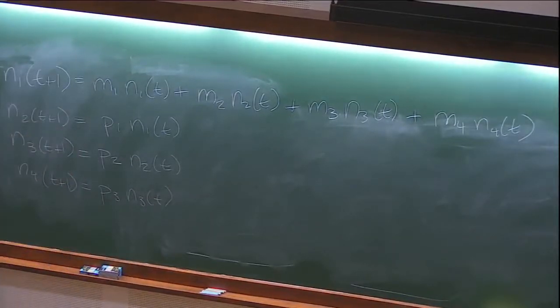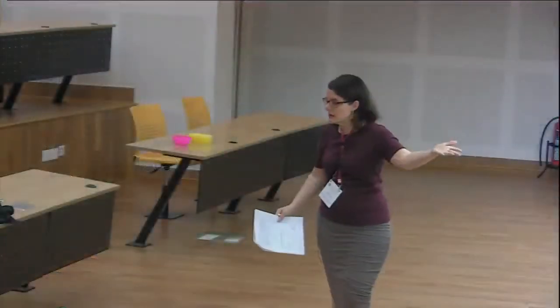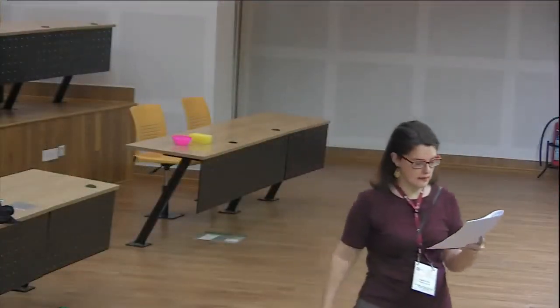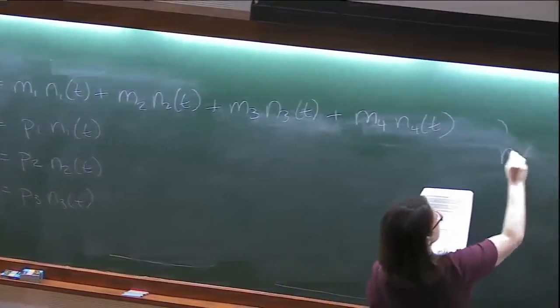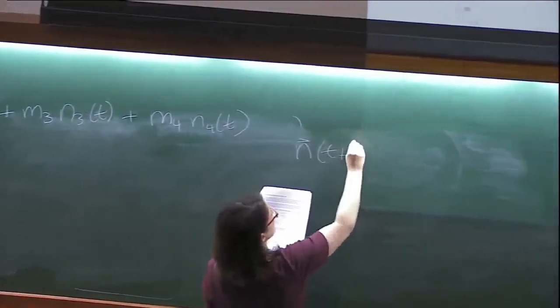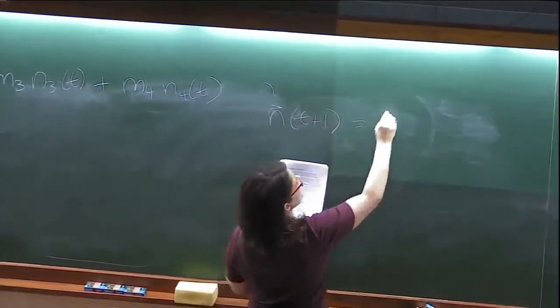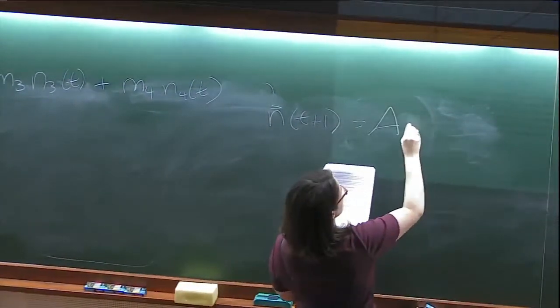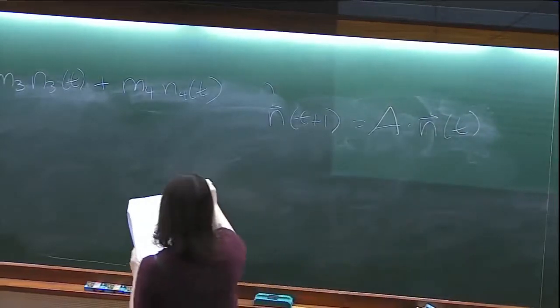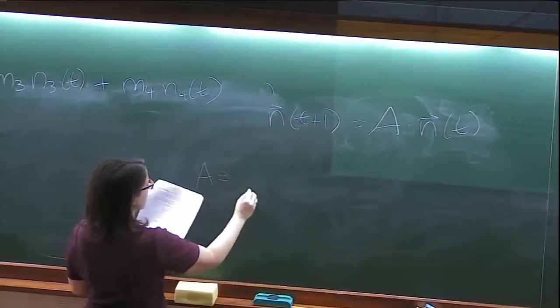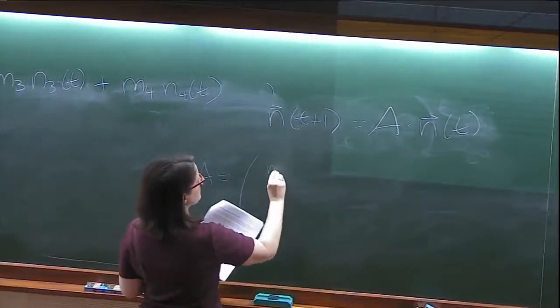So this is a very, like I said, a very simple example, and we often then gather this into a matrix where we write the vector at t plus 1 given by this quantity, where A is a transition matrix. For this particular case, it's a very nice simple one.